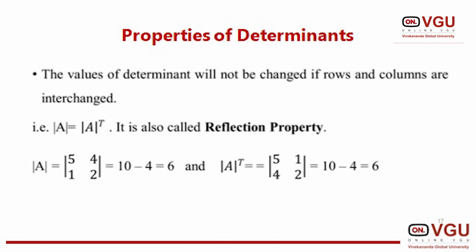If we have a first row, second row, third row, now we change this arrangement into first row as a first column, second row as a second column, third row as a third column. The resultant will be known as the transpose. Now if we find the determinant of this square element and its transpose, both will be equal. The property is known as the reflection property. It's a very interesting property.